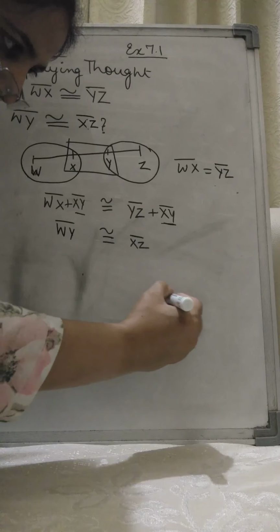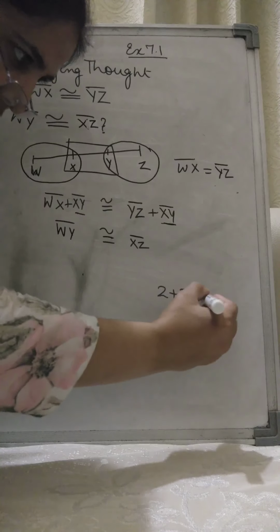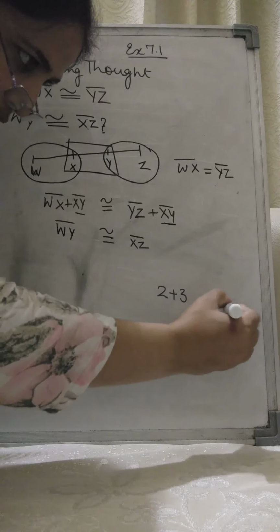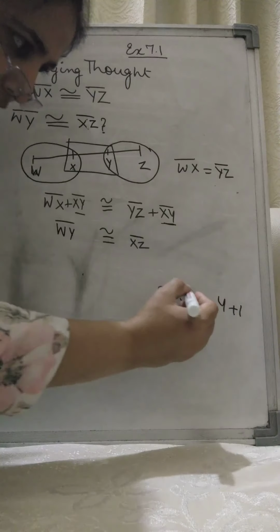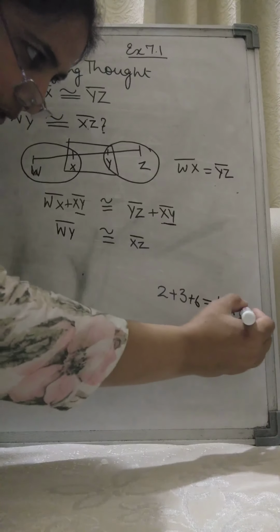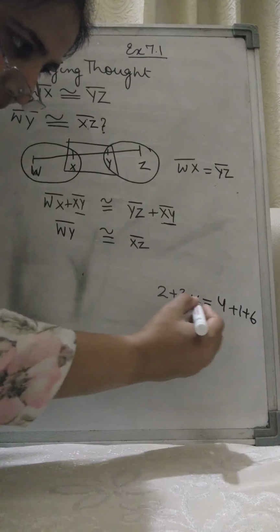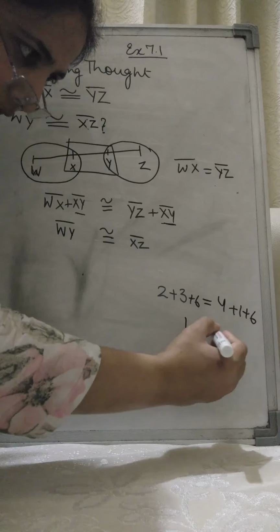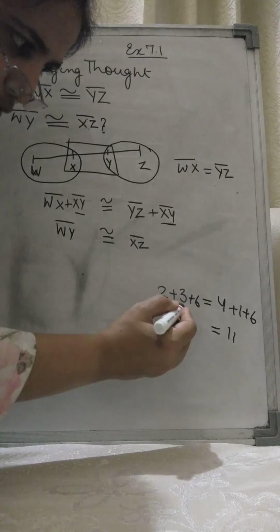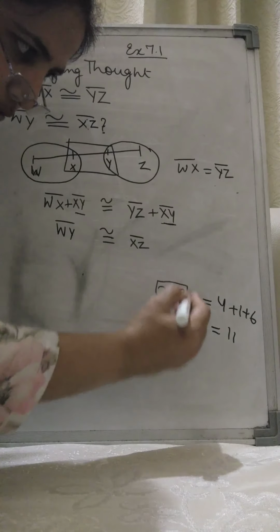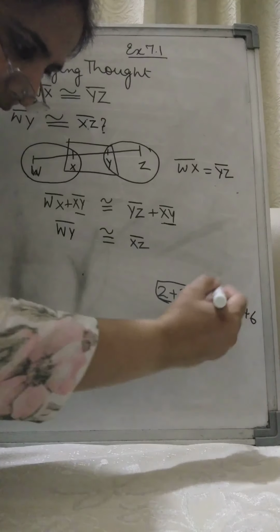As if I write 2 plus 3 is equal to 4 plus 1, and if I add 6 to both the sides, this will become 11, and this is also 11. So you already have this thing with you. They are equal.